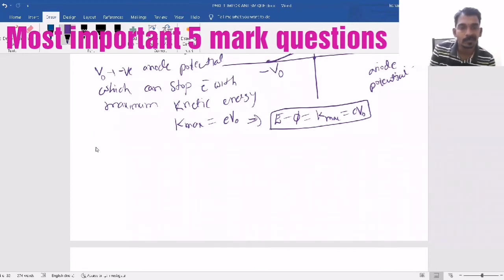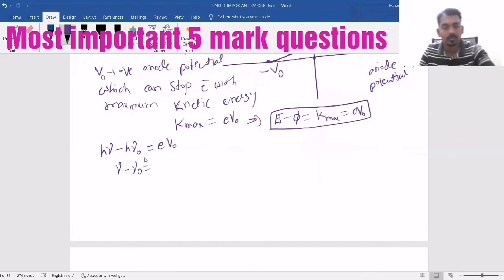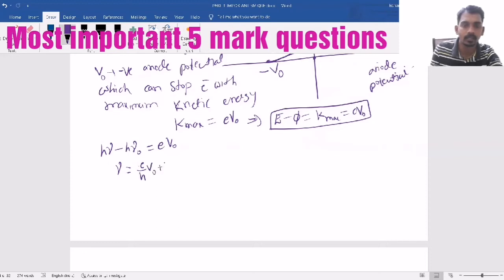And from this, when you consider the equation h nu minus h nu not equals eV naught, then nu minus nu naught equals eV naught by h, or nu equals e by h into V naught plus nu naught.